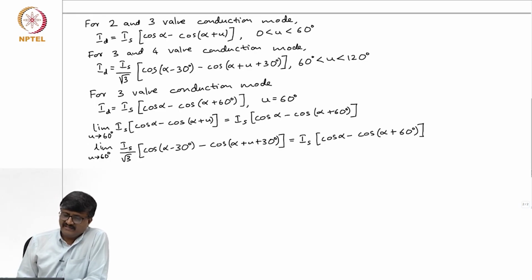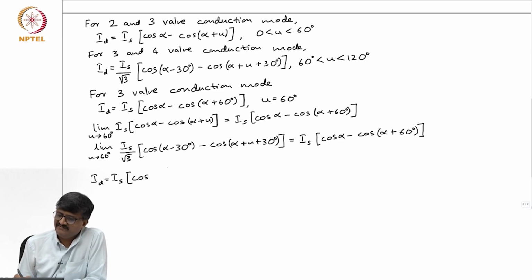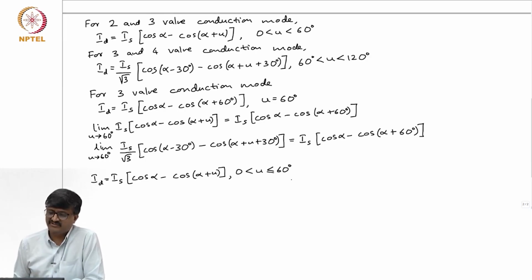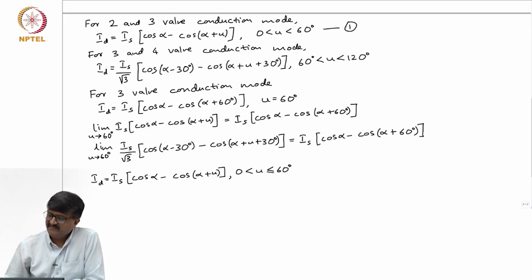So what one can say is I can have this equation, which was earlier valid for u greater than 0 and less than 60 degrees, to be true even for u equal to 60 degrees. That means this is valid for u greater than 0 and less than or equal to 60 degrees. So please note there is a difference between these equations.